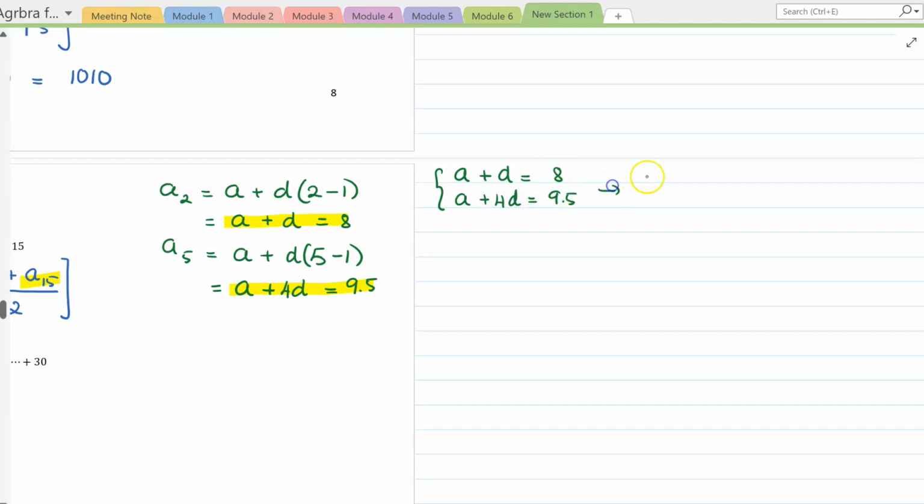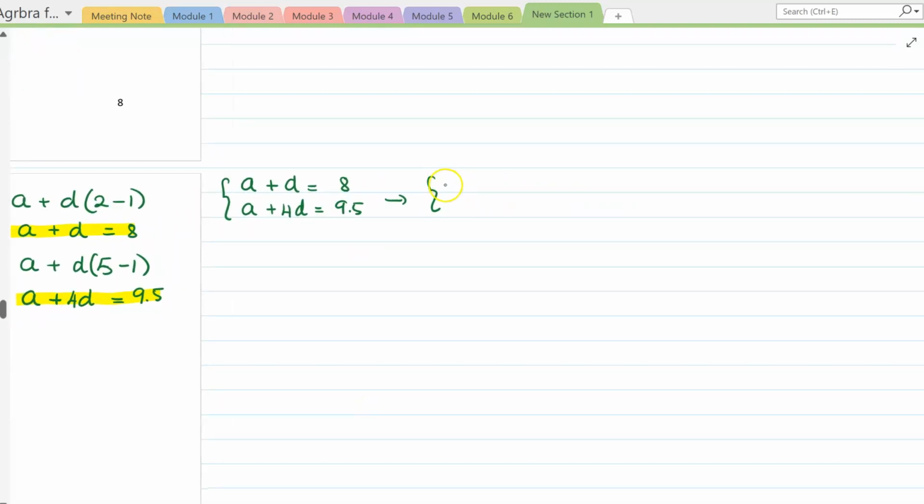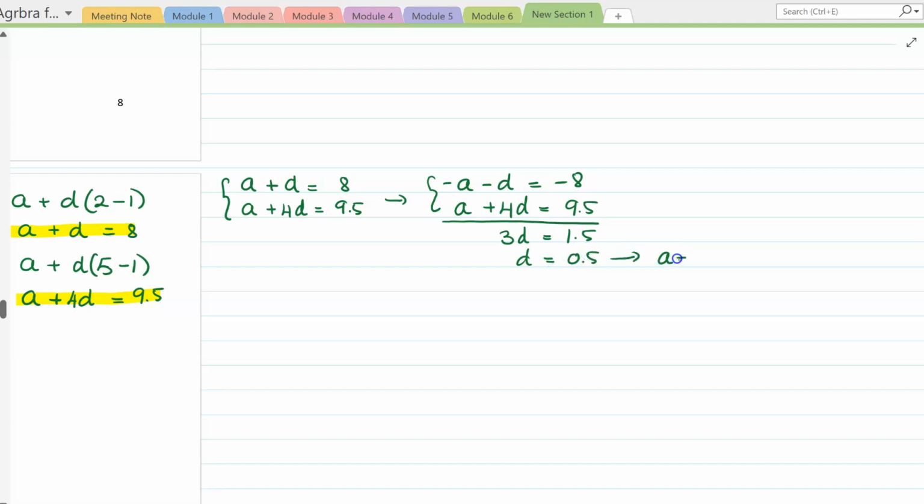We solve the system by elimination. First, we multiply the first equation by negative 1. Add this together. So 3d is equal to 1.5. d equal to 0.5. This tells us a is equal to 7.5.